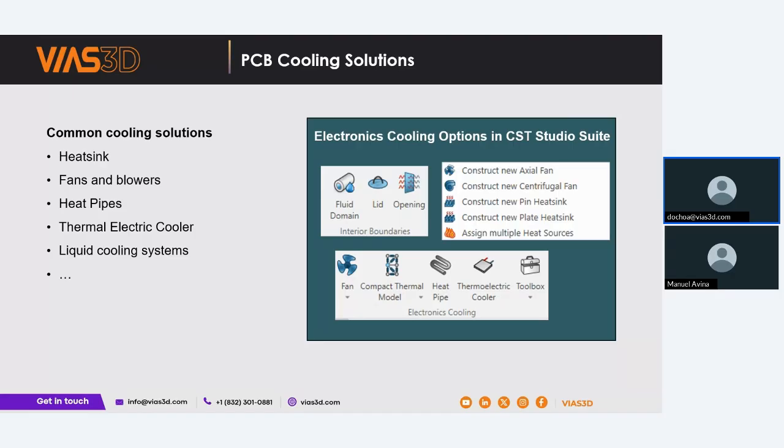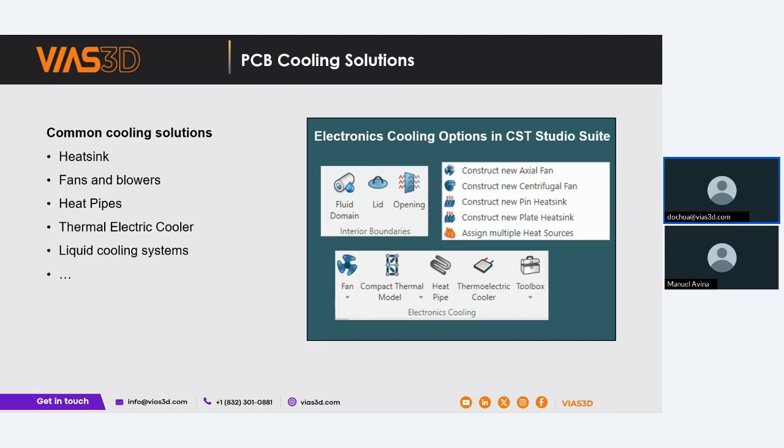Moreover, we also have tools like this toolbox. If you click here, something like this will pop up. This is not only available for the conjugate heat transfer, it is also available for the classical thermal solvers that we saw before. This toolbox will help you create, for example, a fan. If you want an axial fan or a centrifugal fan, you can do it.